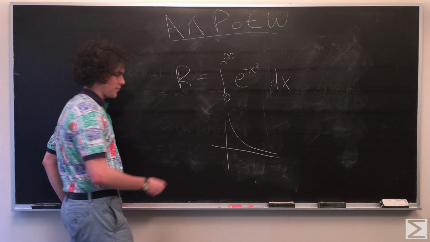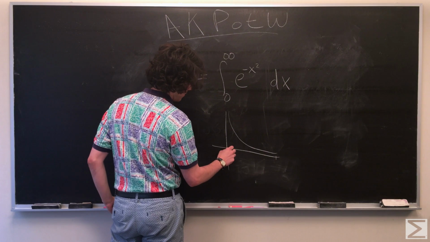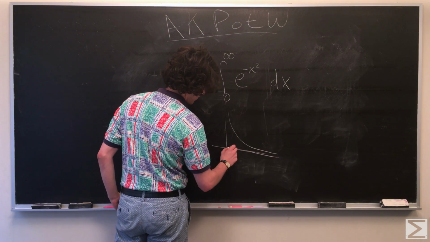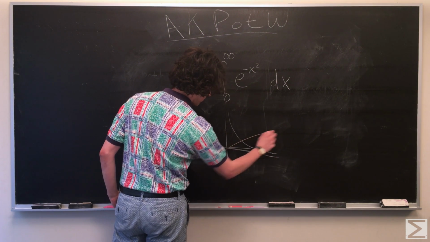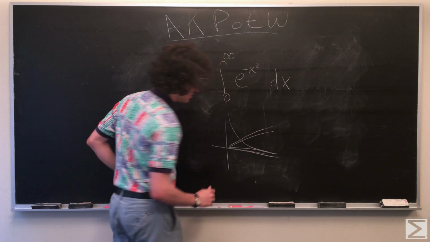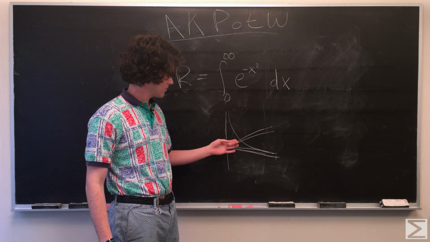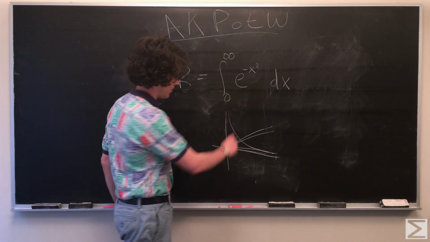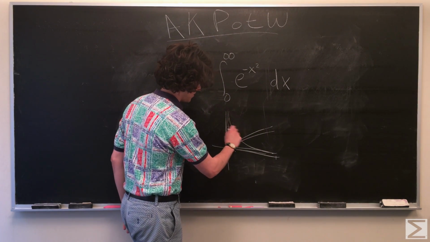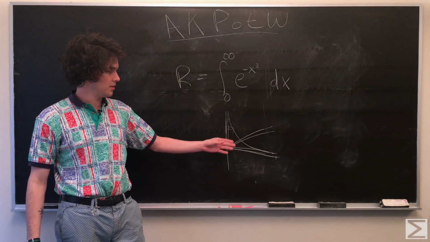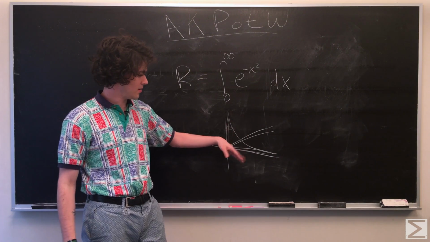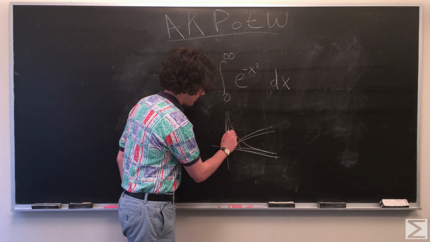And if you recall, for polar coordinates, instead of taking slivers of our Euclidean grid, we want to take slivers of this polar grid.